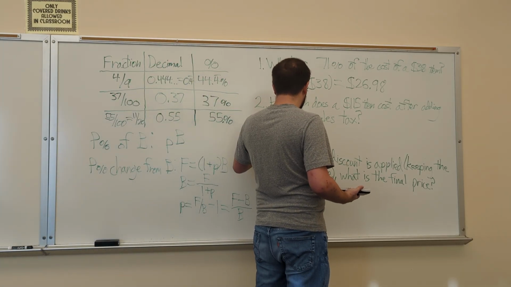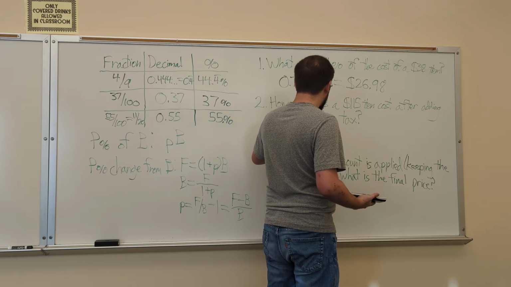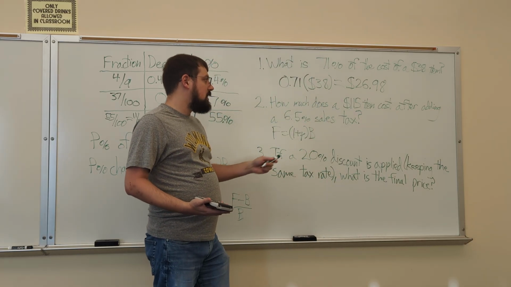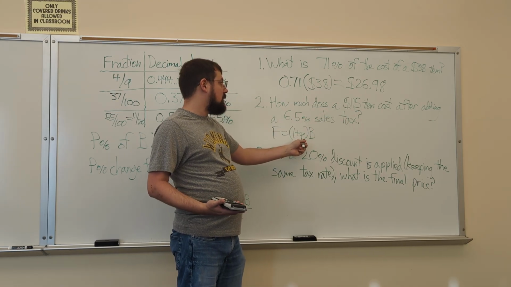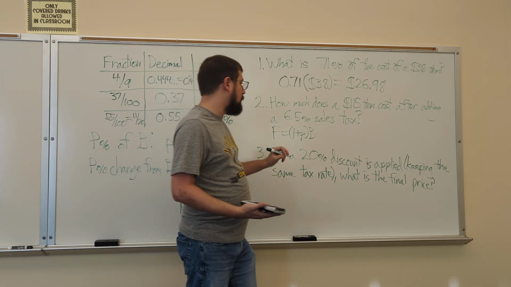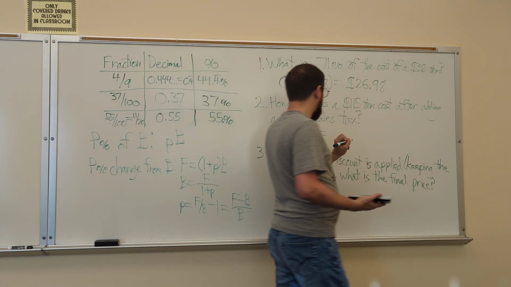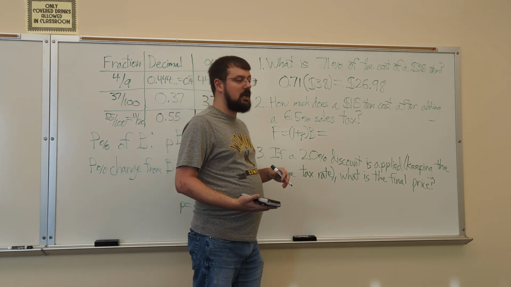In this case, b is going to be our $115. And then p is going to be our percentage sales tax expressed as a decimal. So since this is a percent increase, it's going to be positive 6.5% change.